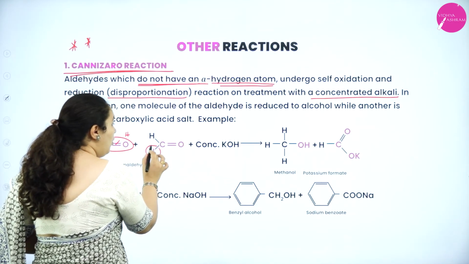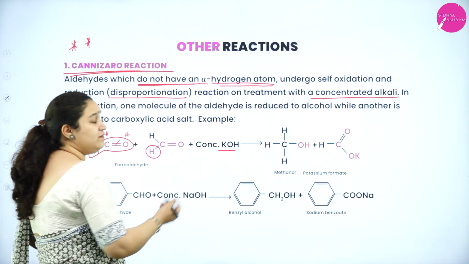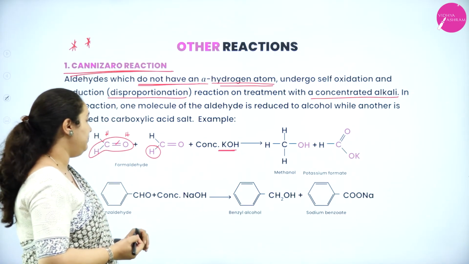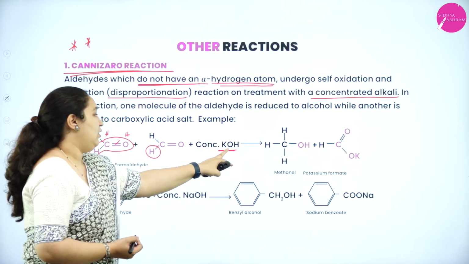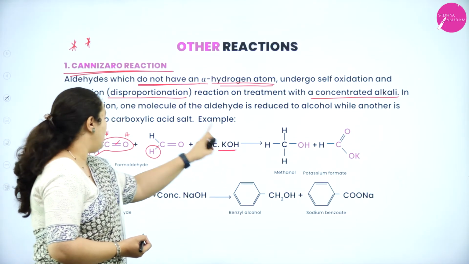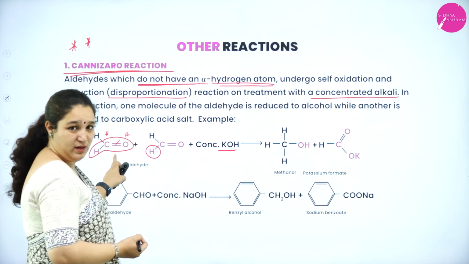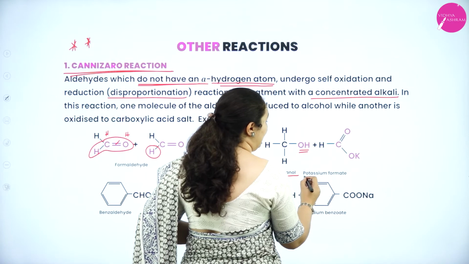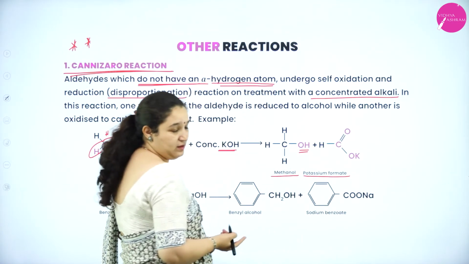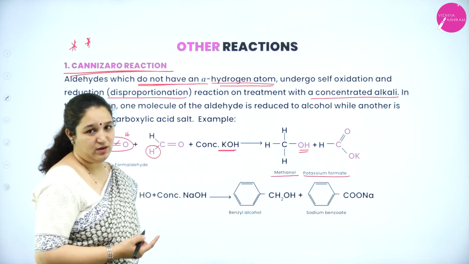Here OK, oxygen with potassium gets added, and one more hydrogen atom is coming over here. So you will get the methanol alcohol group, and potassium formate is the product.